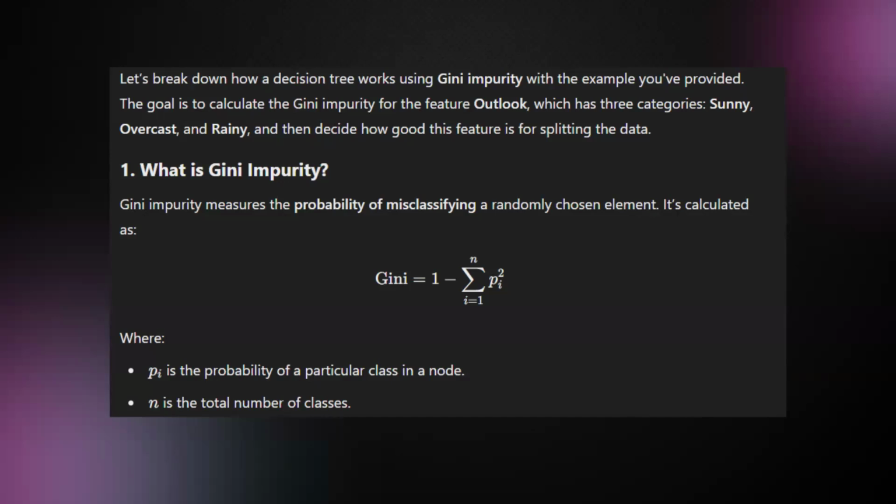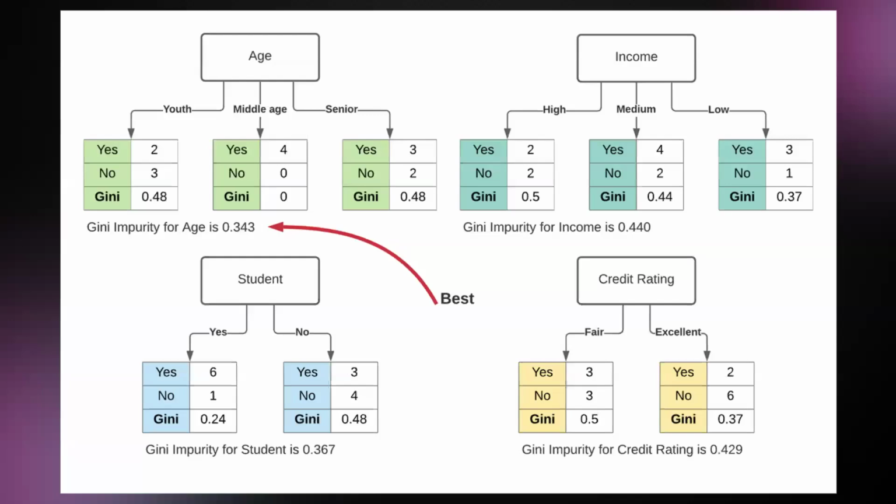So we have one feature called Outlook, and it has three categories, right? Sunny, overcast, rainy. So if you saw that, these are all the features. So Outlook is one of them. So here you'll see that in income we've got three values: high, medium, and low.